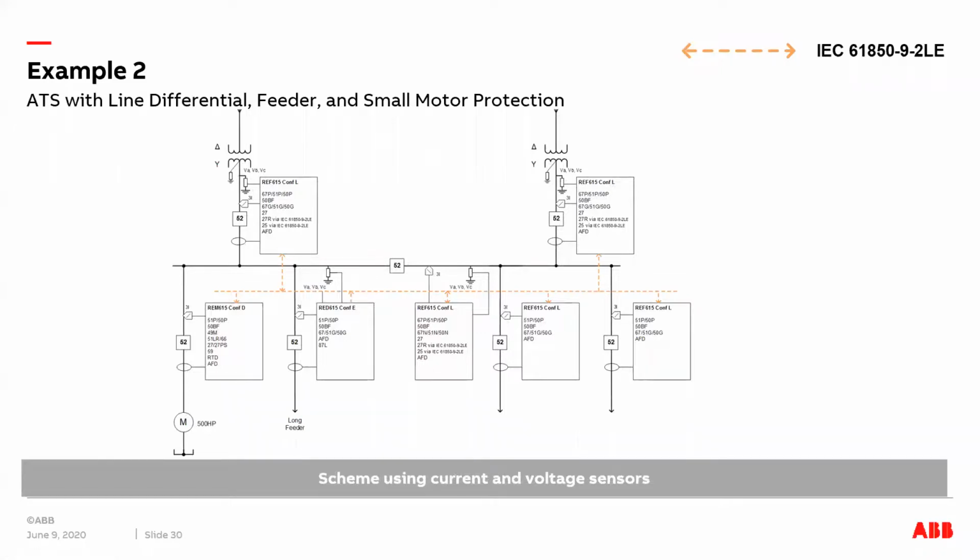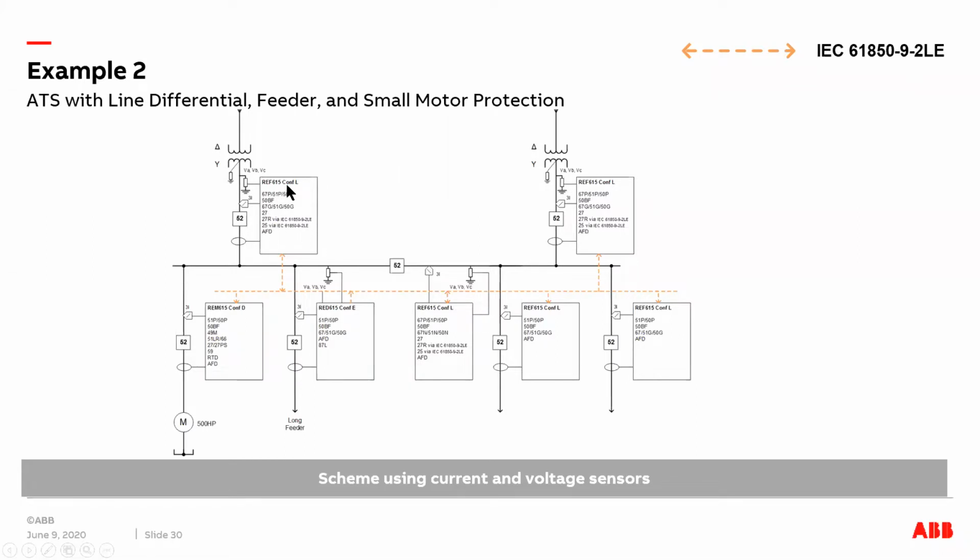Okay, here is the same one line with the current and voltage sensors instead of the traditional CT and PT. So we replace the CT and the PT with the sensors, but then we need to choose the respective type of relay which can accept that. So that's the only change here.